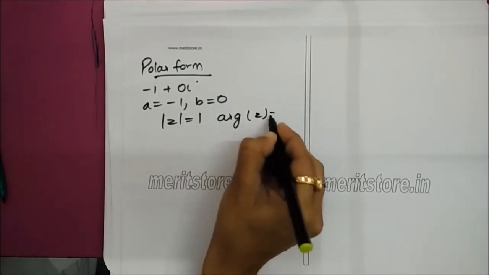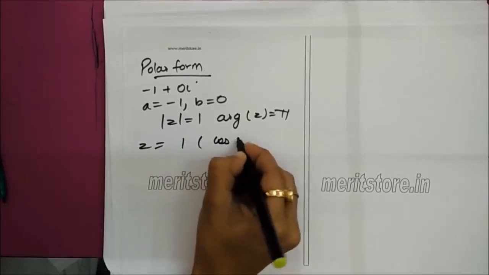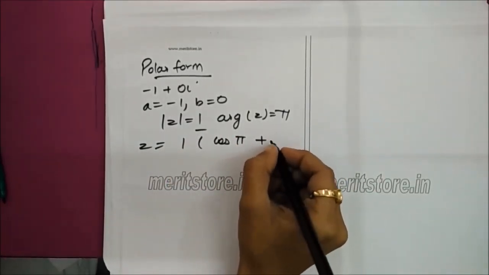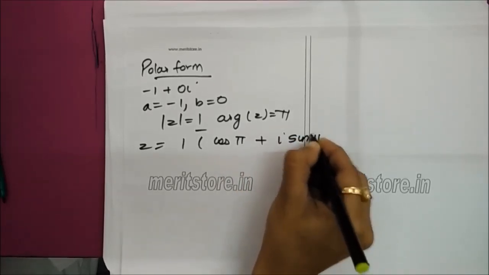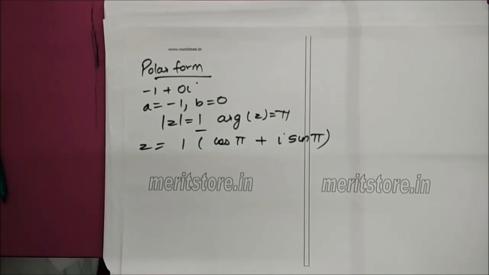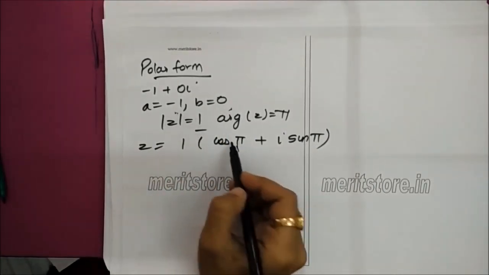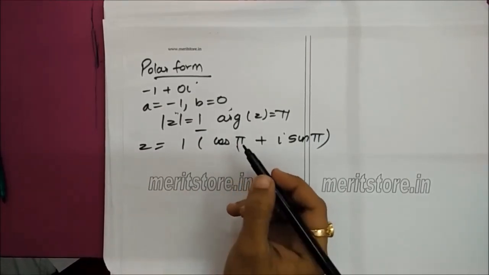The argument for z is equal to pi, and then I write the polar form as 1 cos pi, because cos 180 has the value minus 1 and sin 180 has the value 0. So you have to find such values of theta that both should match. Your theta should be the same for both the functions.